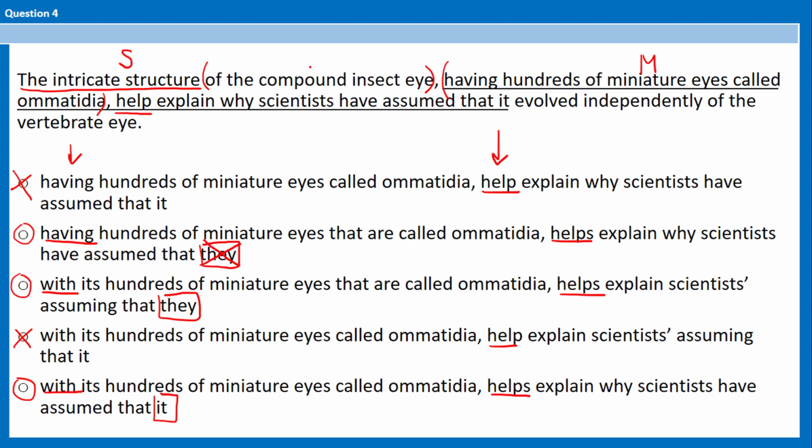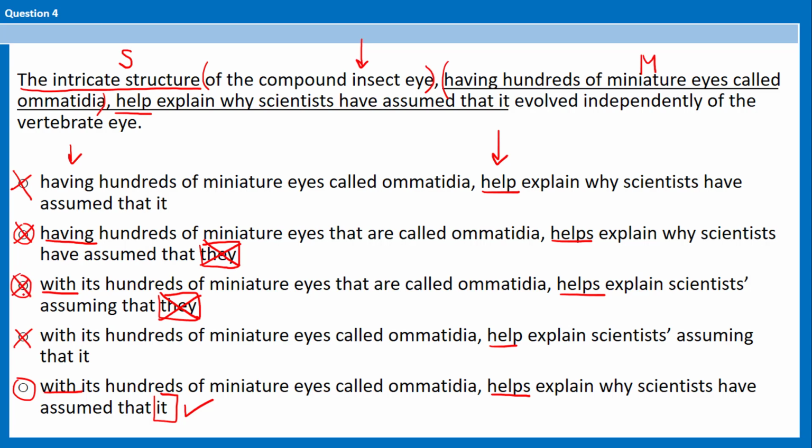Okay, so in fact, for this to make sense, it has to be the compound insect eye evolved independently of the vertebrate eye. Yeah, because the comparison has to be logical. I need to compare insect eye with vertebrate eye. I cannot use they because they is plural. I need it. You can eliminate answer choices 2 and 3.